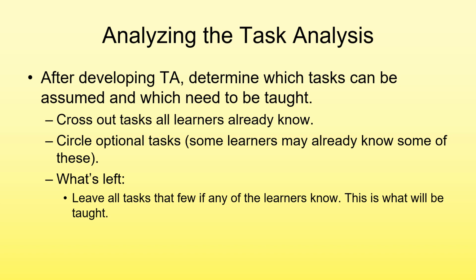We can circle optional tasks. So some learners may already know these, they're options, but they may not be essential to the task here. So what's left, those tasks are going to be what the learners need to know. This is what we need to cover in instruction.